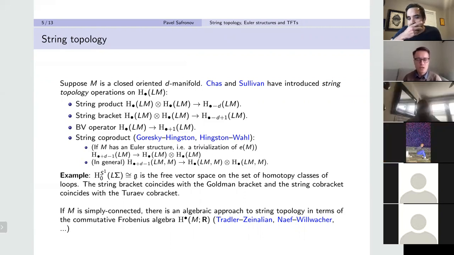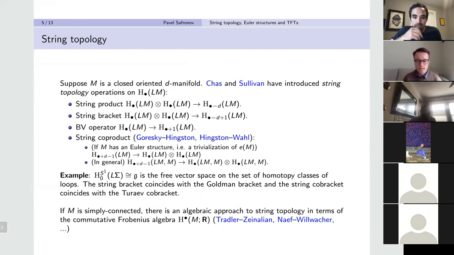Okay, algebraic sides of string topology. So let me mention, so far, here I started with the manifold. And I said, well, you have these operations on the homology of the free loop space, and these operations involve some geometry, so they involve intersection theory.